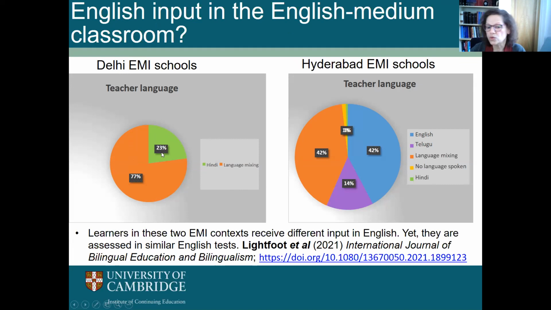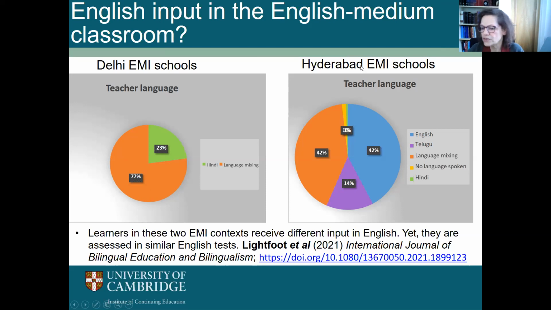Almost a quarter of the time it was Hindi, and 77% of the time it was Hindi mixed with English. So children were presented with English in this context.